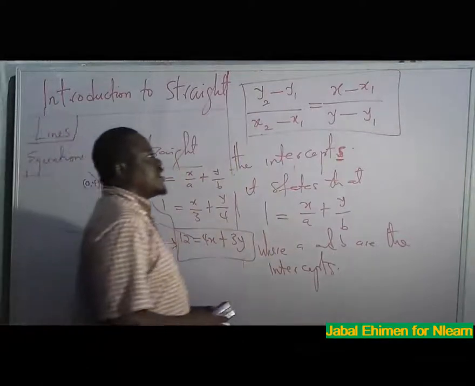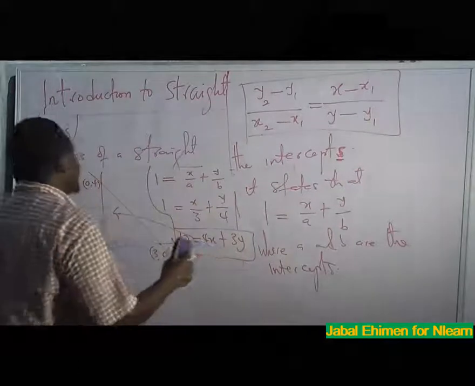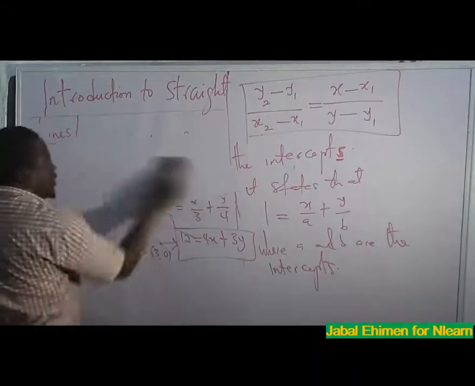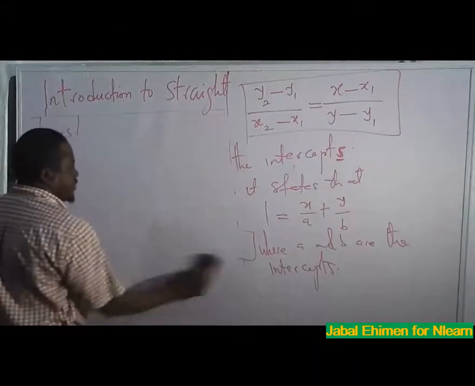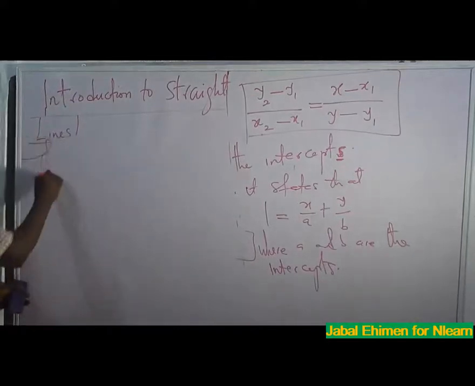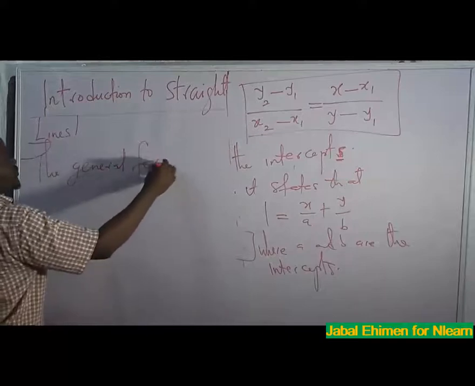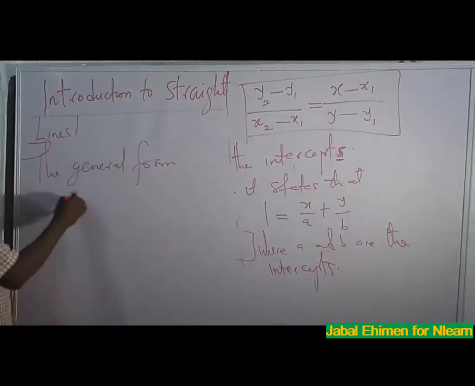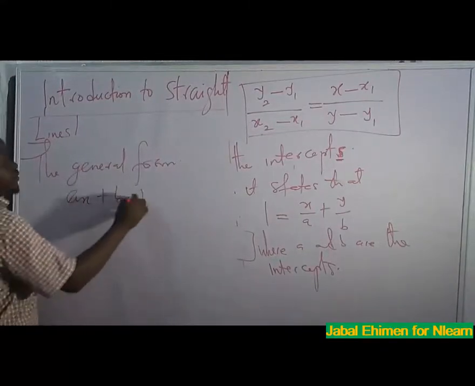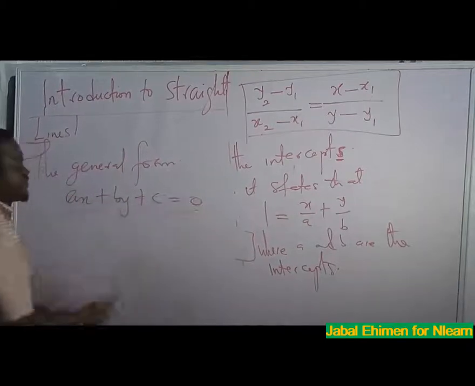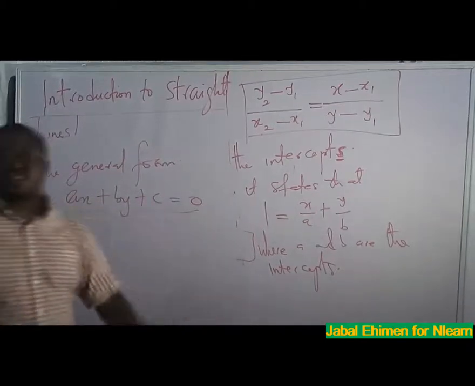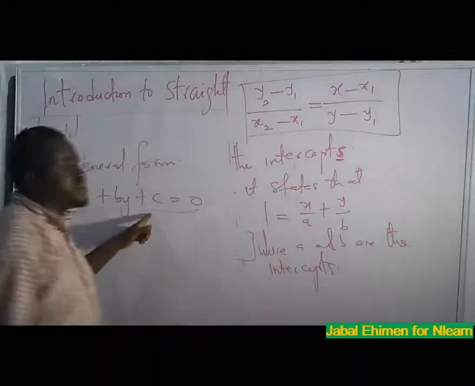Now, the general form of the equation itself is simple and easy to understand. The general form itself is ax plus by plus c is equal to 0. That's the general form of every straight line equation. Every straight line equation must obey this.